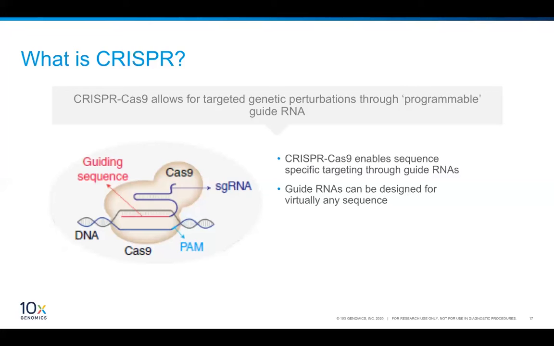So what is CRISPR? CRISPR stands for clustered regularly interspaced short palindromic repeats. Now, Cas9, on the other hand, evolved as a bacterial immunity, but is now leveraged to allow for sensitive and sequence-specific targeting of genetic perturbations through programmable guide RNAs.